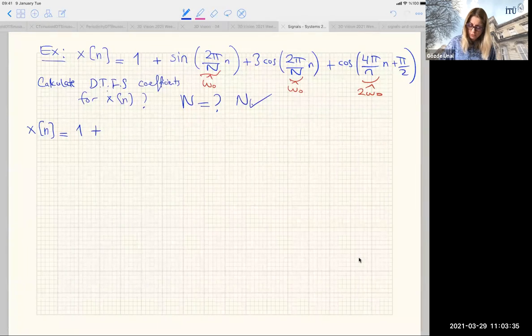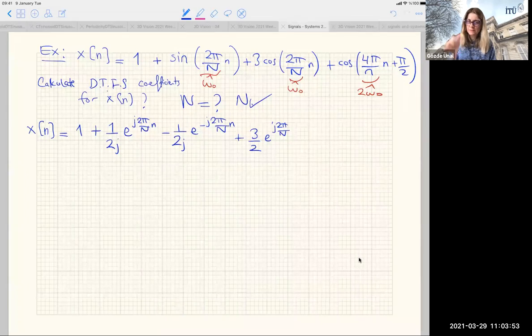Then 1 over 2j. We've already shown an example like this before, e to the j 2 pi over N, minus e to the minus j 2 pi over N, plus 3 over 2 e to the j 2 pi over N plus 3 over 2 e to the minus j 2 pi over N. But here you will see you have to add some of the terms, bring them together.